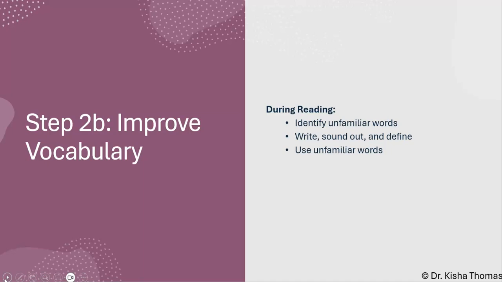We'll continue with step 2. During the reading process, you want to identify any unfamiliar words. You want to write them down, sound them out, and define. And you also want to use these unfamiliar words in your everyday language. For instance, if you've never heard of the word reputation, you would want to write that word down, sound it out, reputation, and define that word.